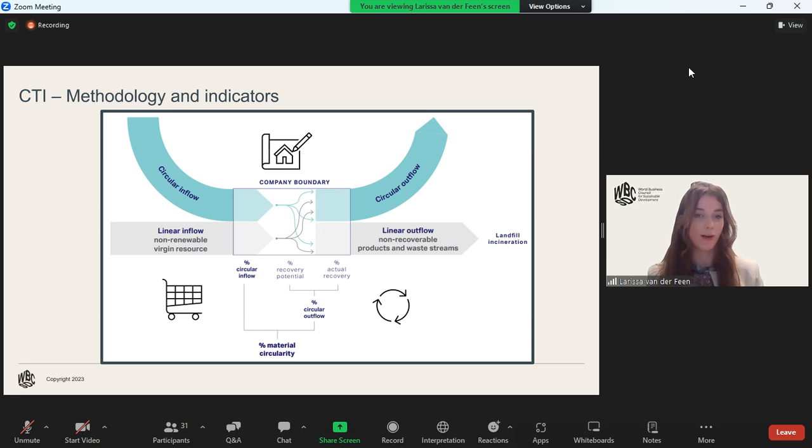Then the percentage actual recovery, it measures how much of the material streams are actually captured for collection, so they get into any secondary processing or waste management. So we see that, for instance, with mobile phones, when mobile phones reach their end of life, a lot of mobile phones just end up sitting in the drawer at home.